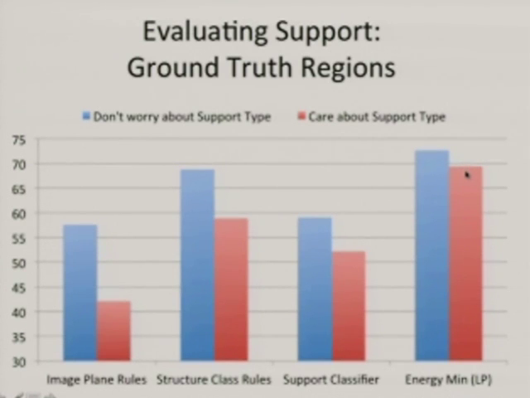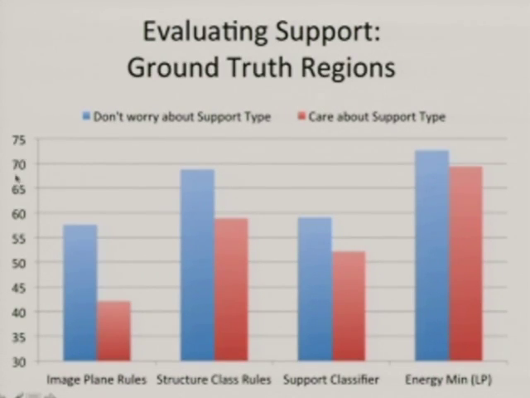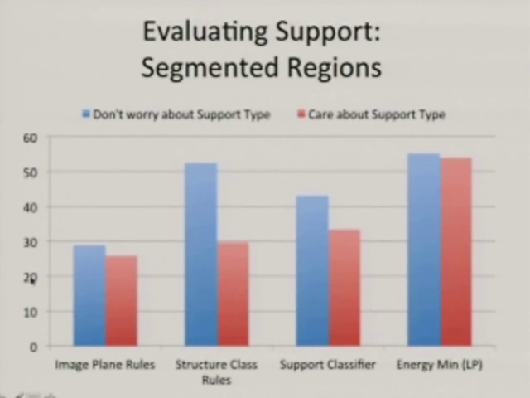Now, of course, this was using the gold standard regions. What we'd like to do is in fact use the regions we produce automatically. So this is what the bar charts look like. All the numbers drop. If you look at the y-axis here, the numbers drop a fair amount, but the overall trends remain the same.